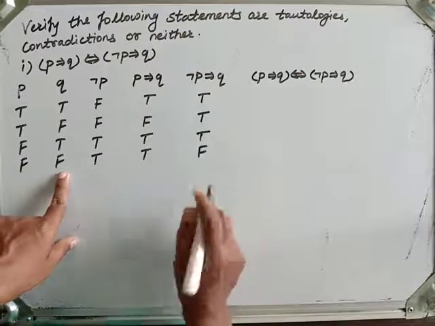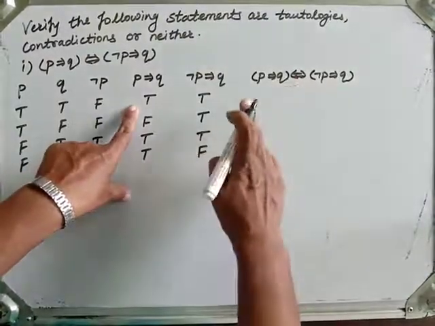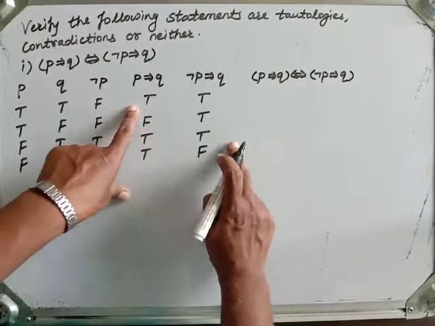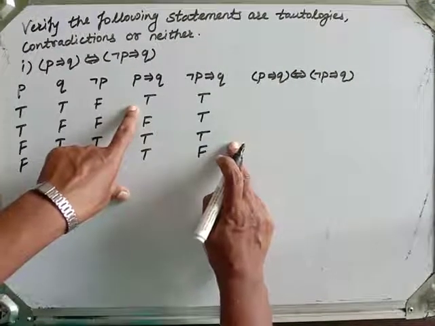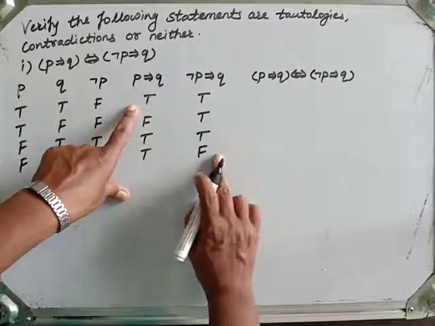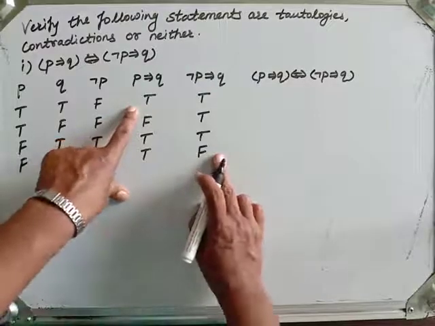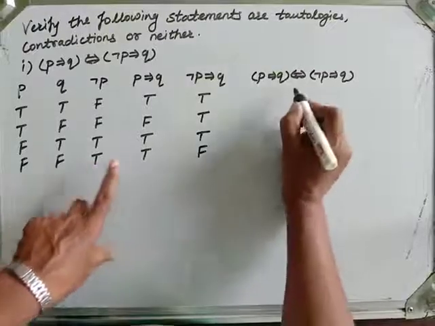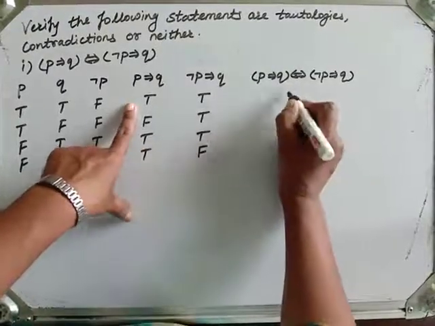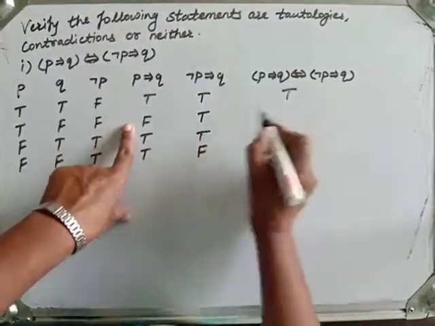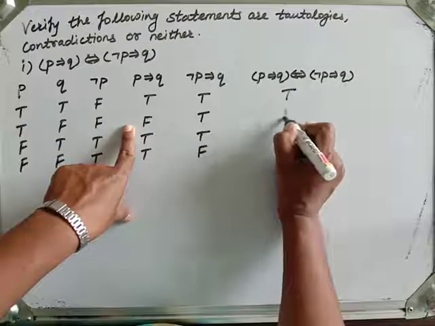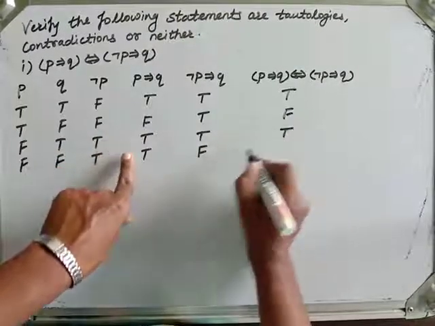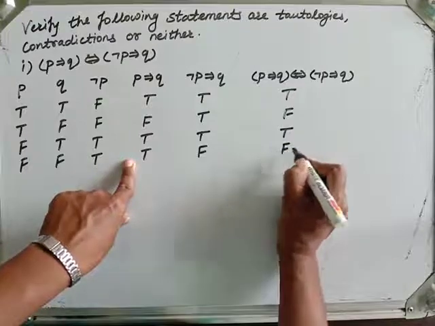here it is false. Now in double implication, if both are true or both are false, then it is true, otherwise it is false. So here true true gives true, false true gives false, true true is again true and true false is again false.